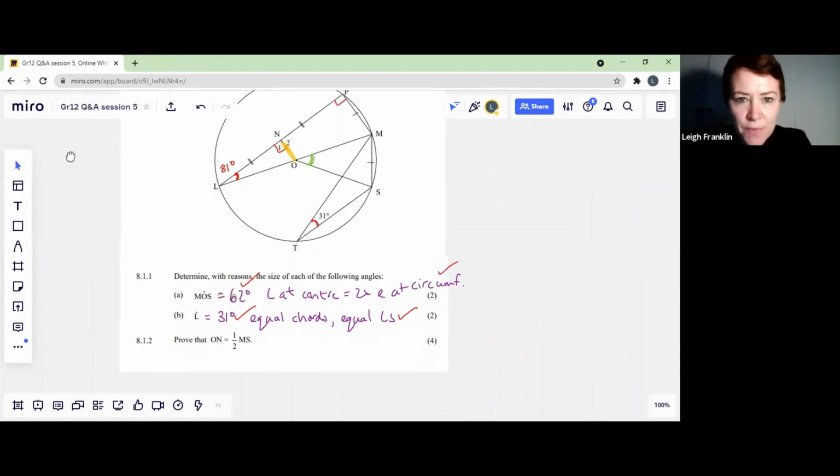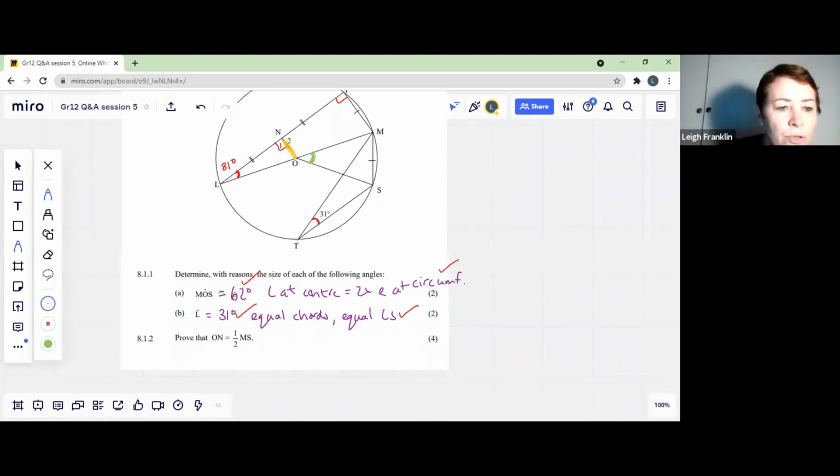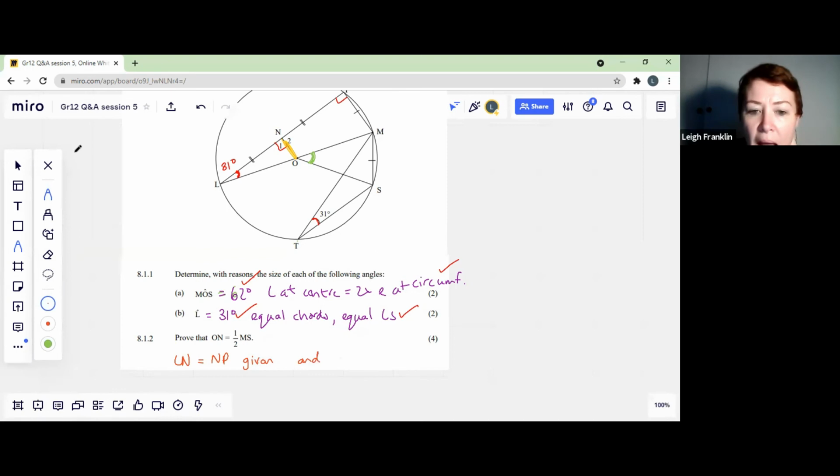Okay, so I'm just moving that up a little bit, and I'm going to write underneath here. Now we've decided what we're going to use. What do we need to state? Well, first of all, we have to state that LN equals NP, given, and LO equals OM because they are radii.